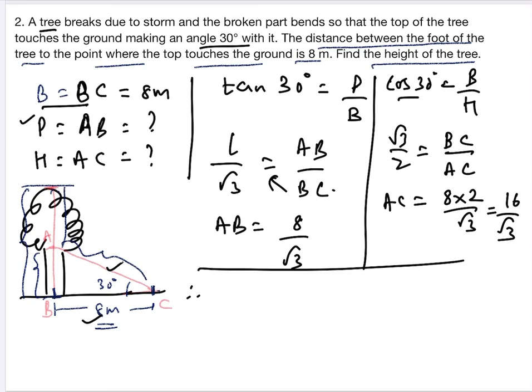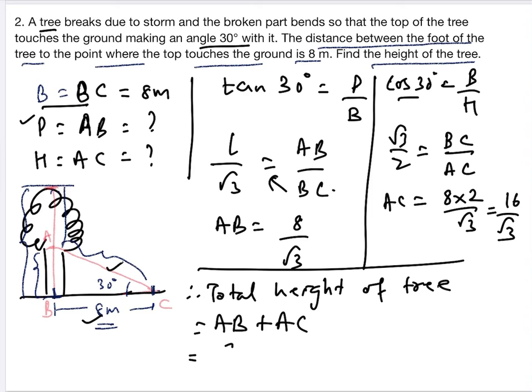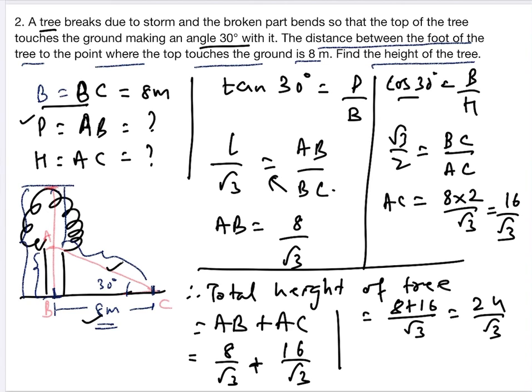Therefore total height of tree is equal to AB plus AC, that is equal to 8 by root 3 plus 16 by root 3, that is equal to (8 plus 16) by root 3, which is 24 by root 3, which will give you 8 root 3 meter.